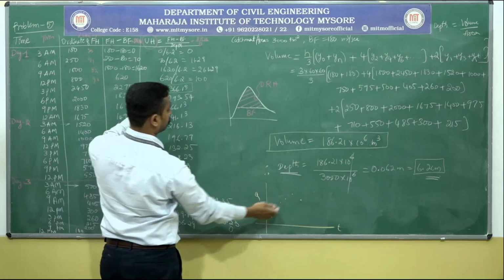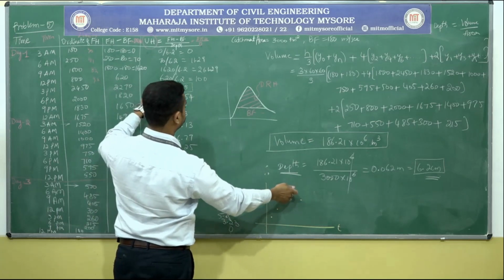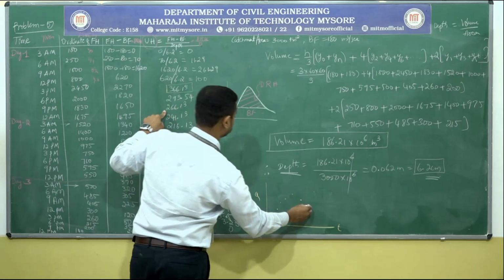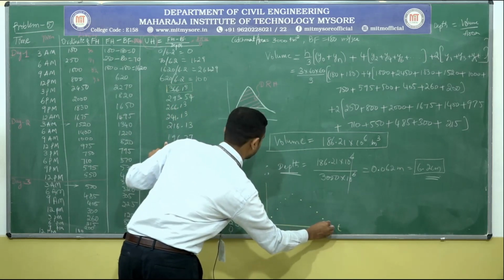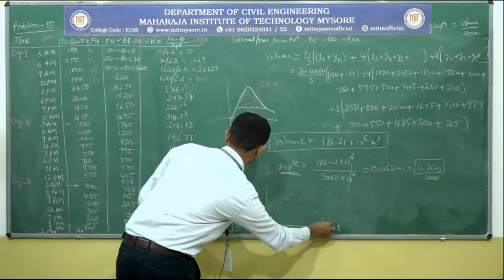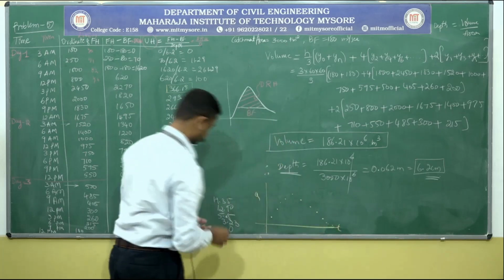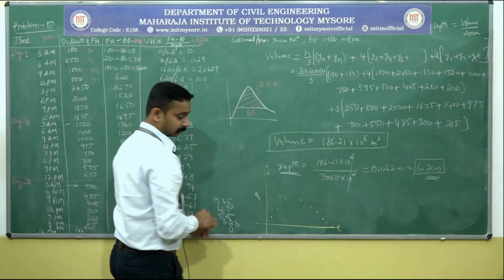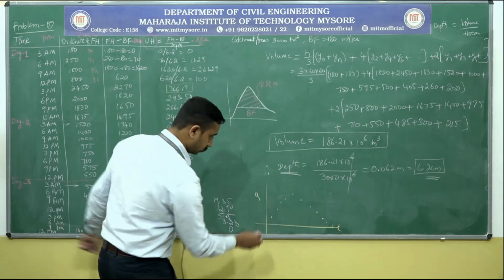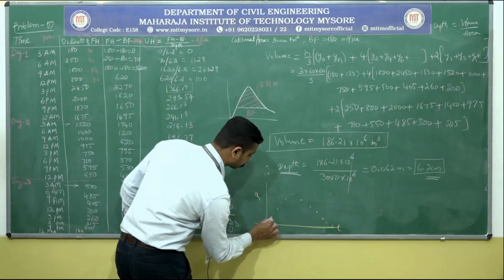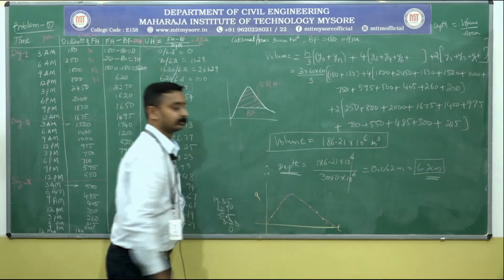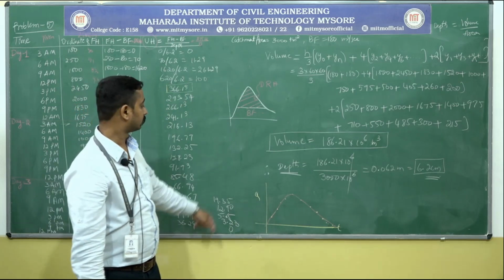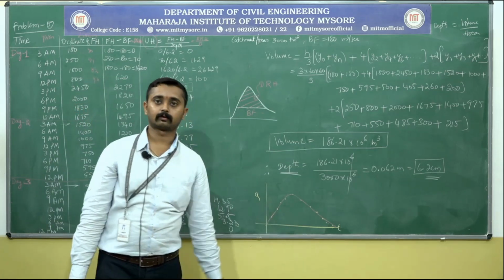First 100, then 366, then 293, 266, 241, 216, 192, 132, and similarly all the rest of the values. You will get the graph. Join all the points. This is the plot of Q versus T.